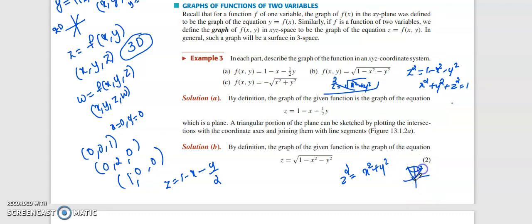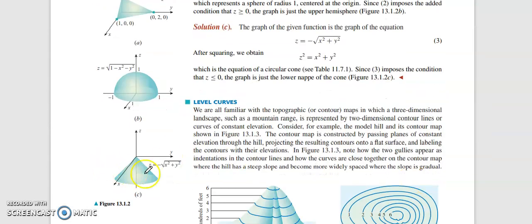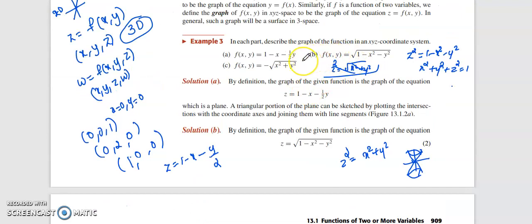So മുകളിലേക്കും താഴേക്കുള്ള cone ആയിരിക്കും. Now we need the portion of cone where z equal to minus root of x square plus y square. So that will be the lower portion of the cone. So this will be the required graph. And now ഇത് നമുക്ക് അറിയാവുന്ന surfaces ആണ്, അതുകൊണ്ട് നമുക്ക് ഇത് പ്ലോട്ട് ചെയ്യാൻ എളുപ്പമാണ്.